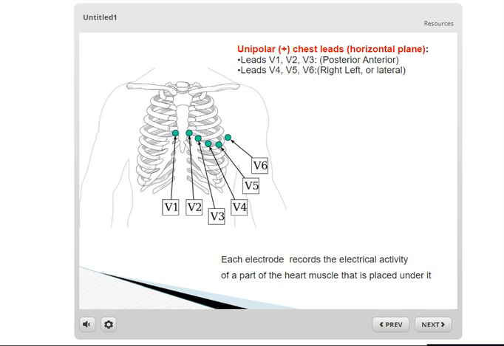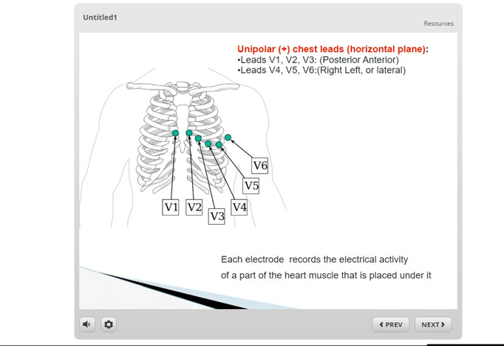Another type of leads is the unipolar chest leads, which are arranged in the horizontal plane and provide information about the electrical activity of the heart from different angles. Leads V1, V2, and V3 are positions on the anterior chest wall, moving from the right to the left side.